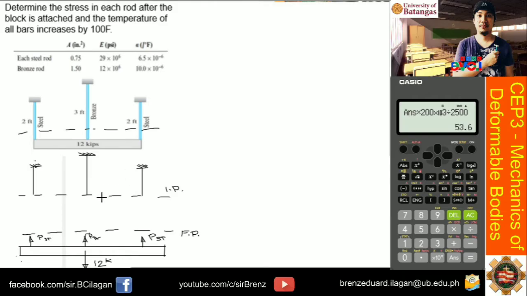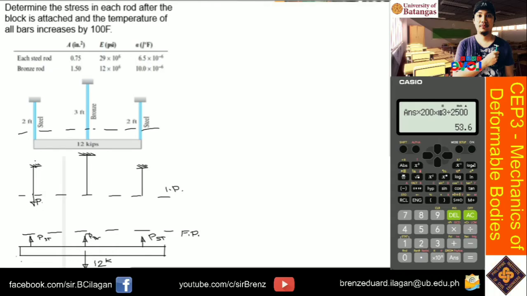Okay. So as shown here in the diagram, nag-section ako dito. So gaya ng ginagawa natin before, medyo in-exage ko lang yung drawing. So nung hinati ko siya sa dalawang free body diagram, dito sa baba, yung steel rod, bronze rod, and steel rod, carries this 12 kips load. So ibig sabihin, if ito ay pataas dito, therefore ito, meron kang pababa.